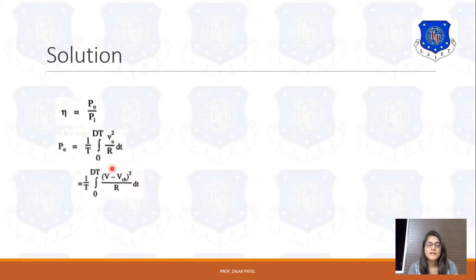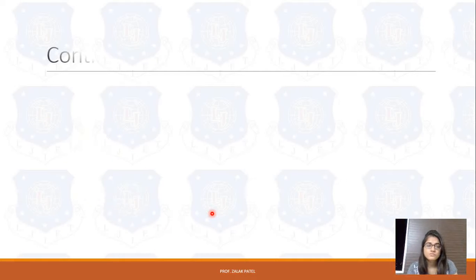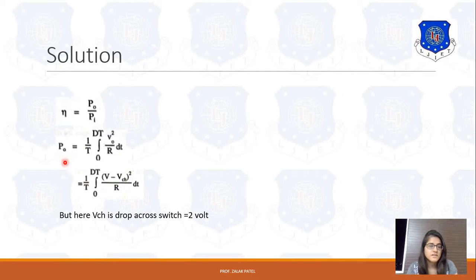Here V chopper, the voltage across the chopper, is 2 volt, so it is 200 minus 2 square upon 10. If we integrate this term, (V minus V chopper) square upon R is out of the integration, so the remaining term is the integration of 1, which is t, with limit from 0 to dT.